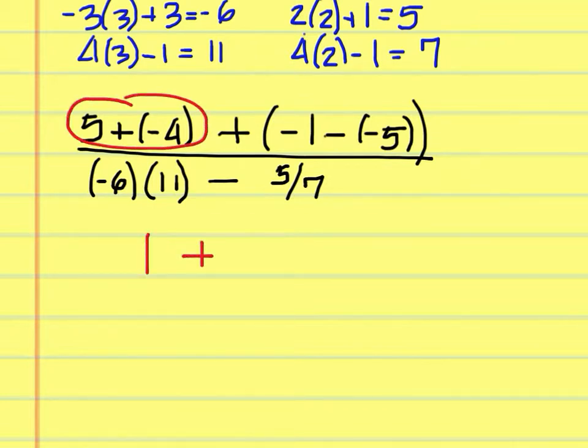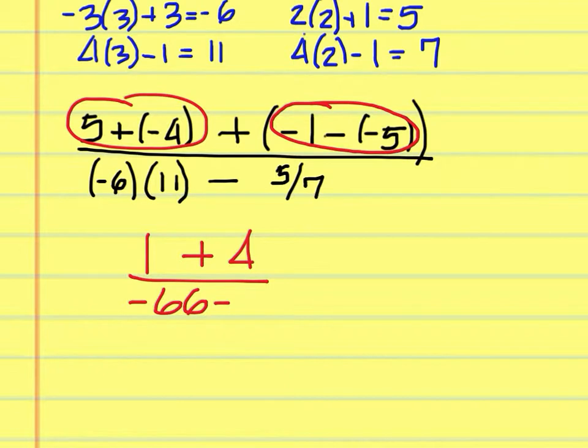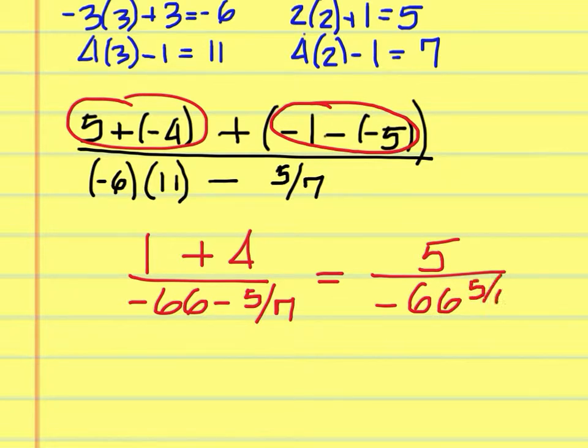And then this is a negative 1 minus negative 5, which is going to change to plus 5, which is a 4. On the bottom, you have a negative 66 minus 5/7. On the top, it's a 5. On the bottom, a negative 66 minus 5/7 is just negative 66 and 5/7.